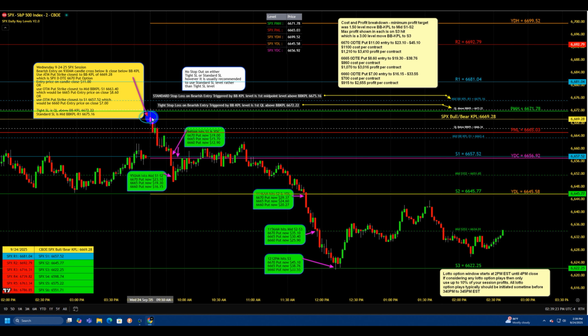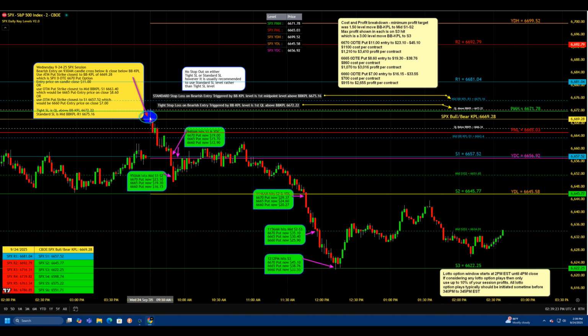Okay, so here we have a cross below and a close below the BBKPL. That is your bearish signal if you wish to take an entry off of the bull-bear key price level. This happened on the 9:30 a.m. candle, and so on the close of this candle at 9:32, since this is a 2-minute candle, it closed below the BBKPL.